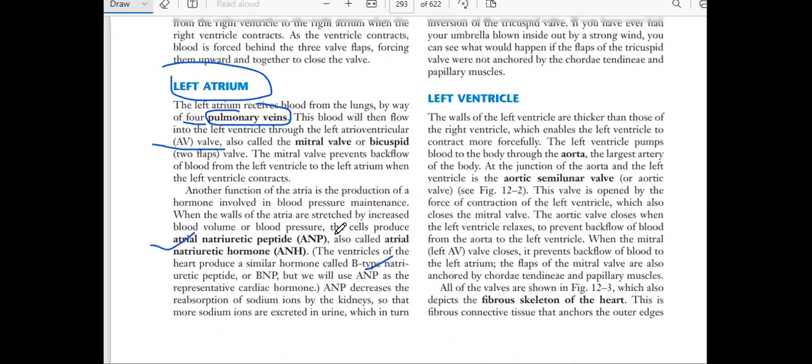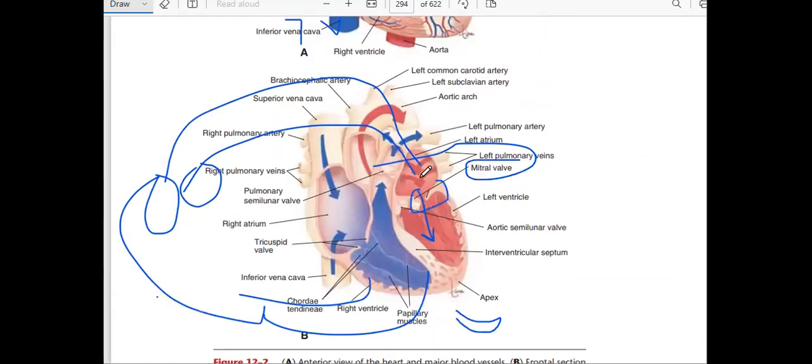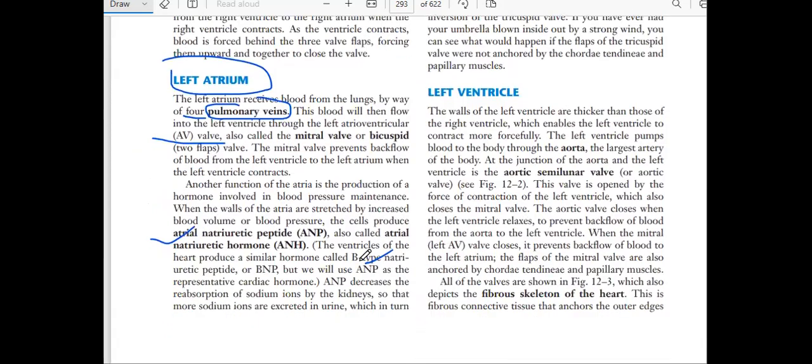So what will happen when the atrium contracts? One hormone is released, that is ANP or ANH. What does it do? It will lower the blood pressure.